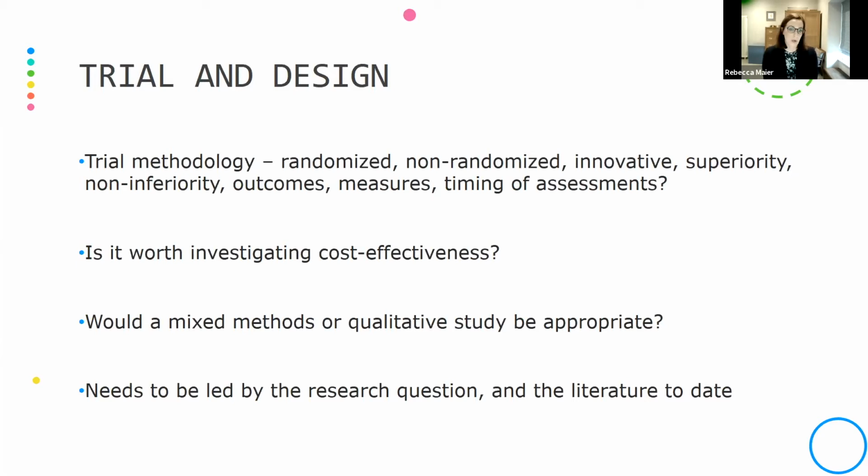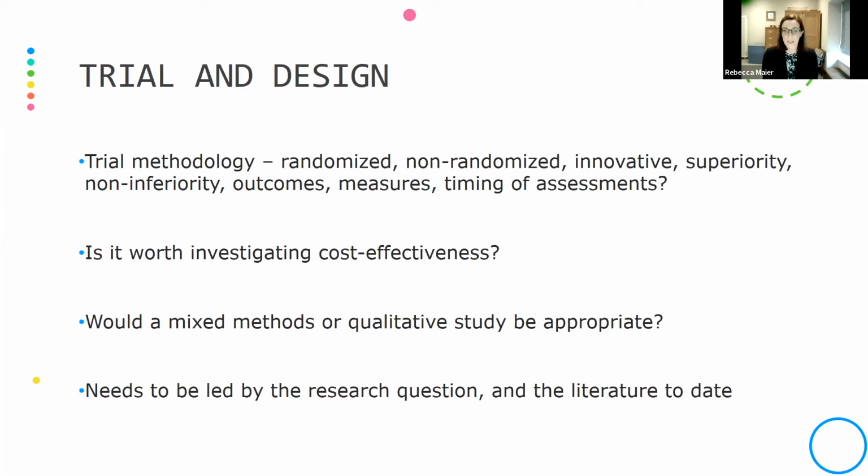And certainly if you were looking at an HTA level grant, where it's often a late stage design, you might be looking at clinical effectiveness and cost effectiveness, at which point you would need to bring in the requisite skills, so a health economics team. Also thinking through whether there might be any mixed methods or qualitative questions in there that might be best answered using a mixed methods approach.